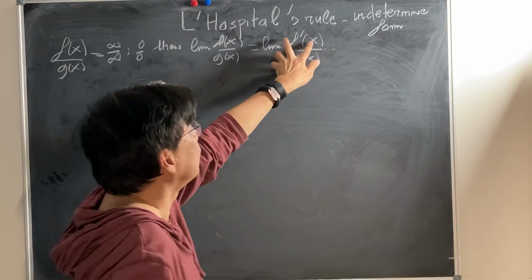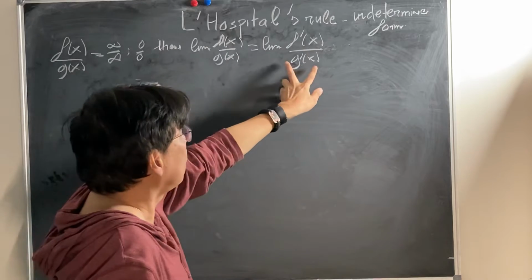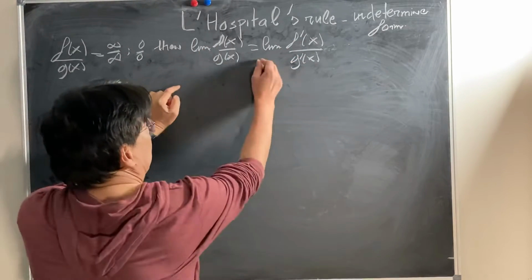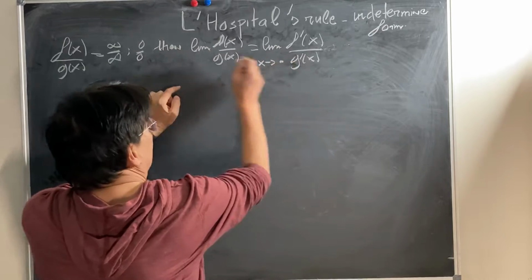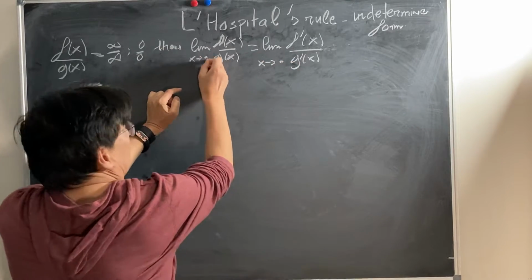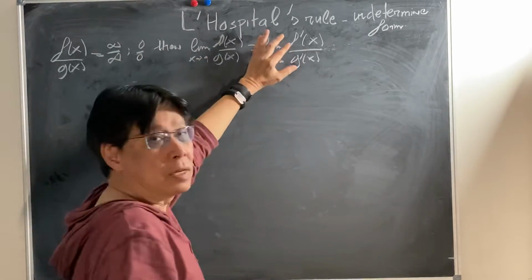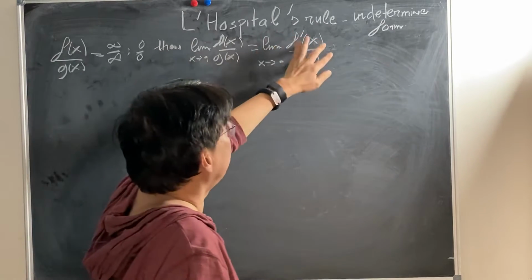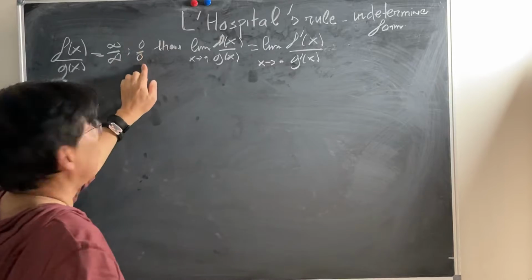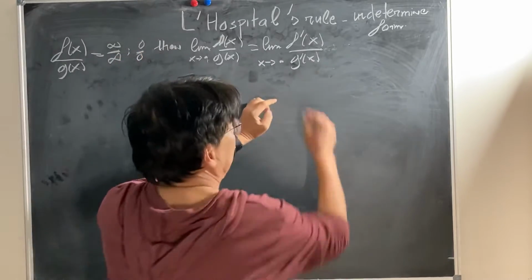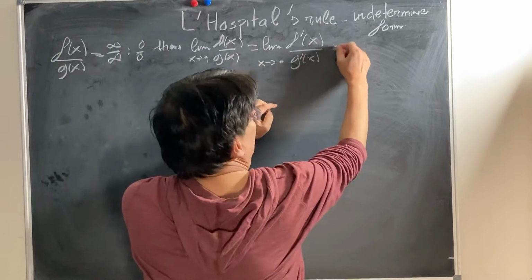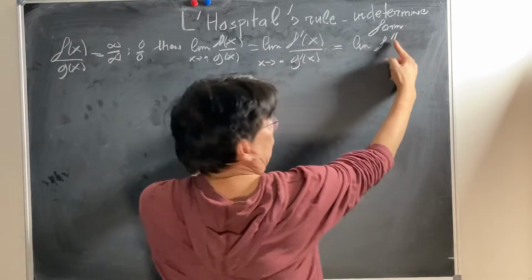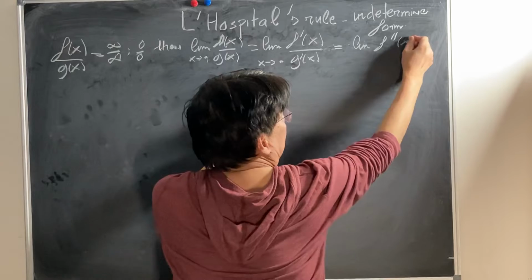So you take the derivative on the top and the derivative at the bottom, and then you can take the limit when x goes to a, let's say a. And if f prime and g prime, after the first derivative, still have the form 0 over 0 or infinity over infinity, then you can take the derivative again, like the limit of f second derivative.